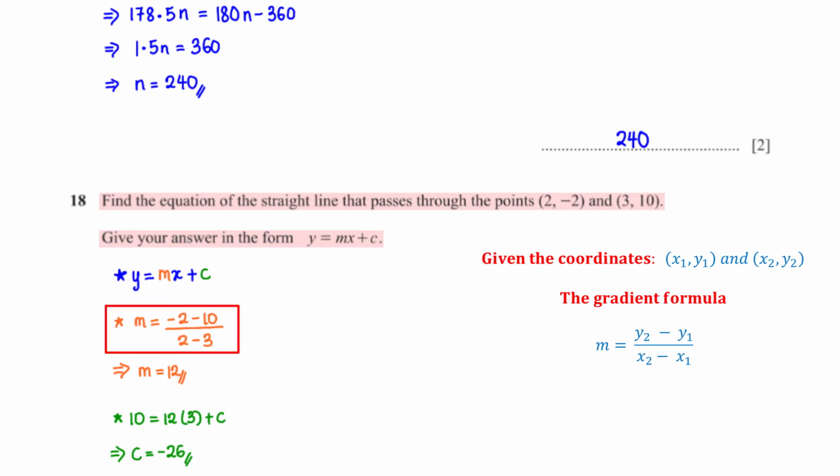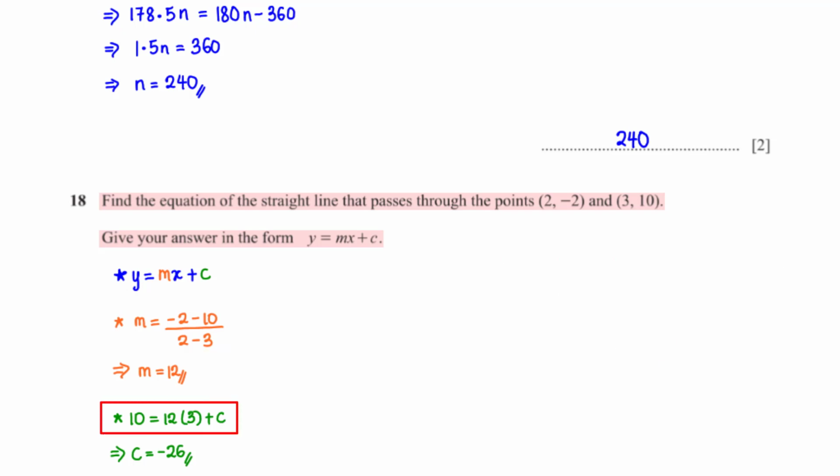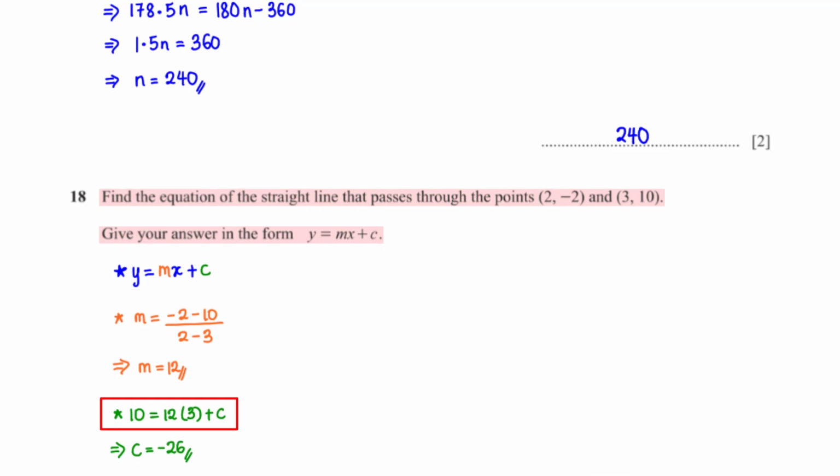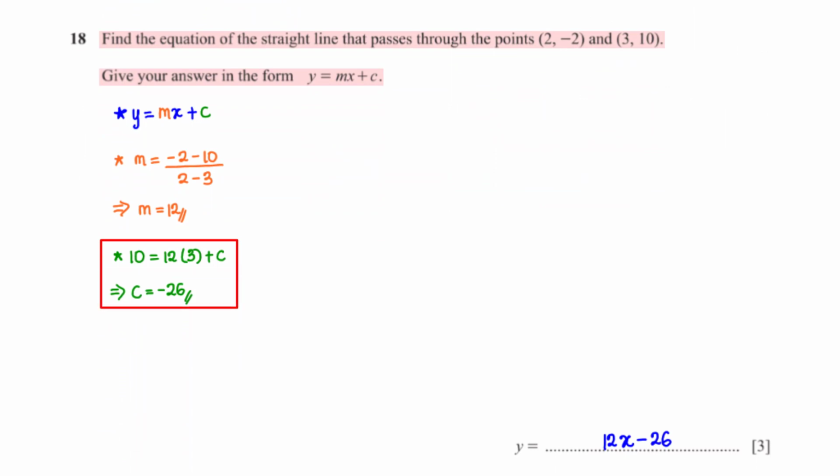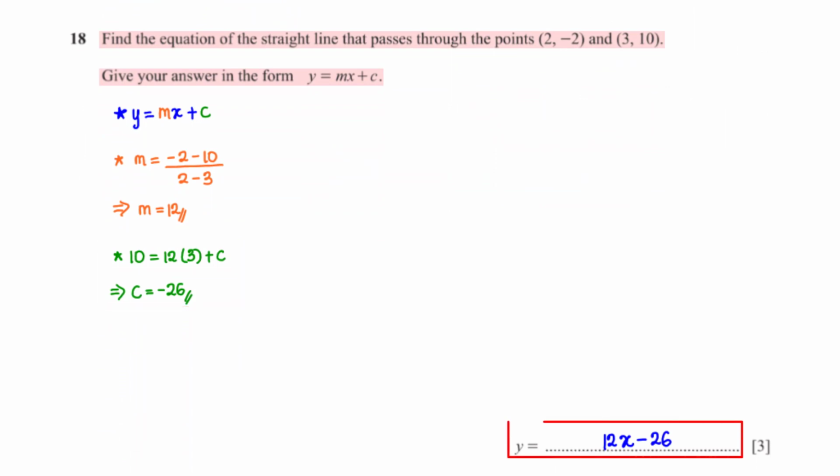This gives us -2 minus 10 divided by 2 minus 3, which is equal to 12. To get the value of c, we plug in the value of m and one set of coordinates. In this case, we are using (3, 10) into y equals mx plus c. This gives us c equals -26. And so y equals 12x minus 26.